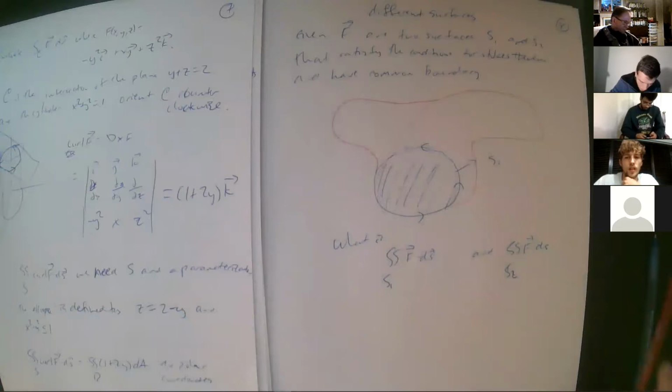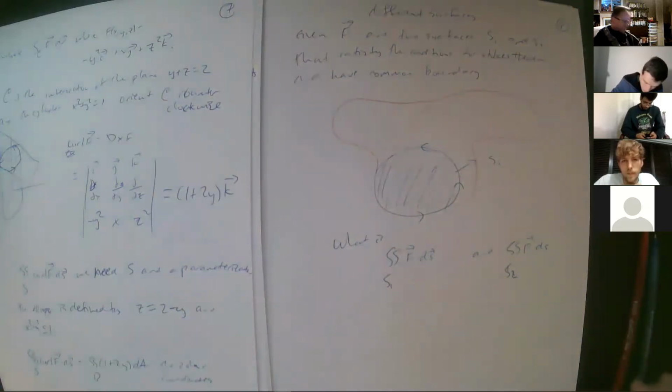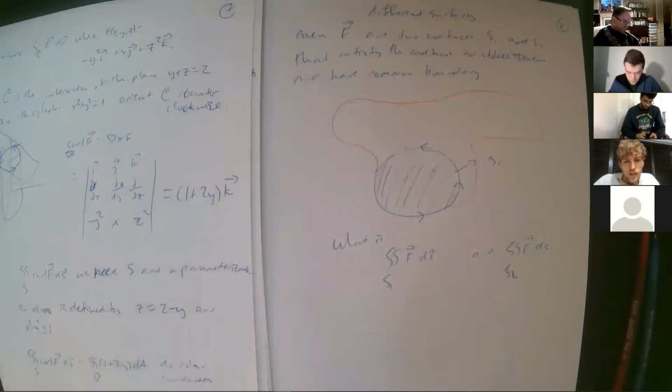I should have drawn a picture of this better, but they're very different surfaces. So S2 is all of this coffee cup, except for the handle. The handle doesn't count. But imagine this whole cup surface. And S1 is just this small disc right here. So they're very different surfaces.